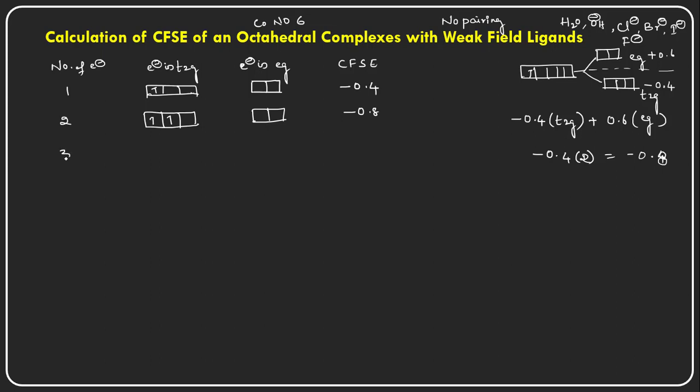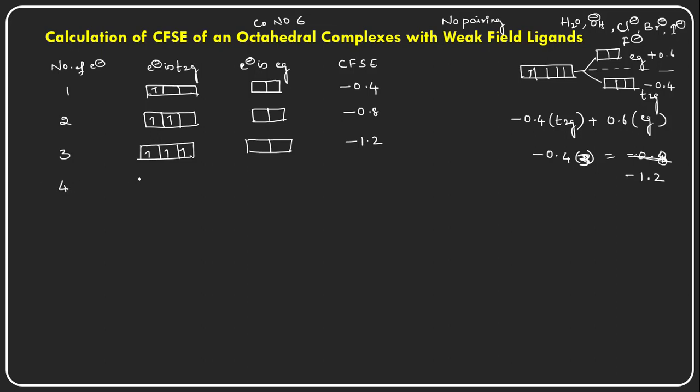And if 3 electrons are present, each one of the T2g orbitals will get one electron. So 3 electrons are there in the T2g orbital, and this value will be minus 1.2, right? So minus 1.2 will be the crystal field stabilization energy value.